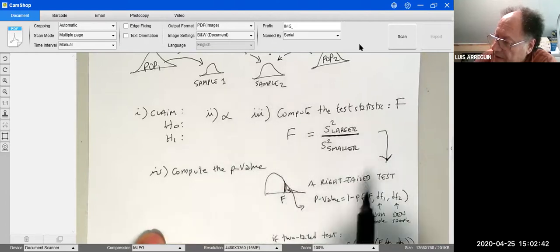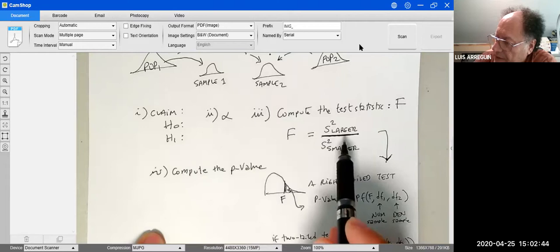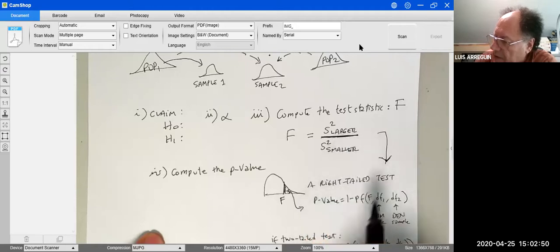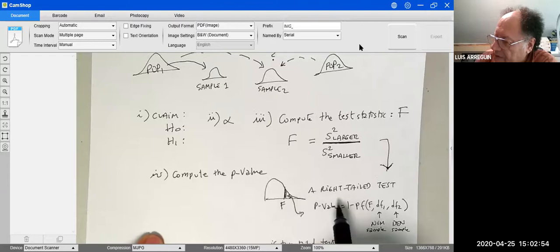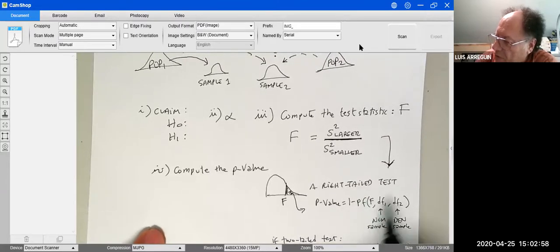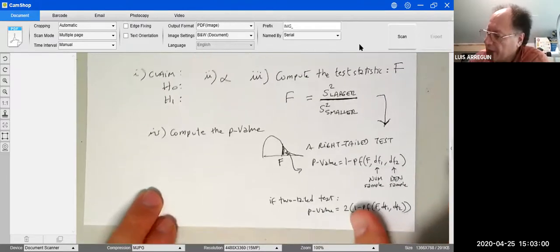But for computations, since we are writing the numerator by using the largest variance, we always want to be using the right tail test for computing our critical value or our p-value.